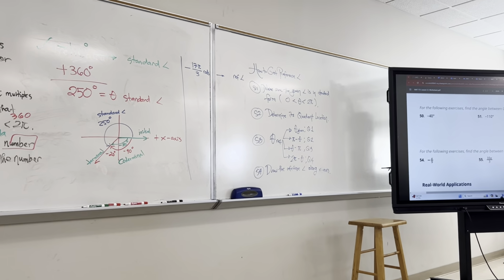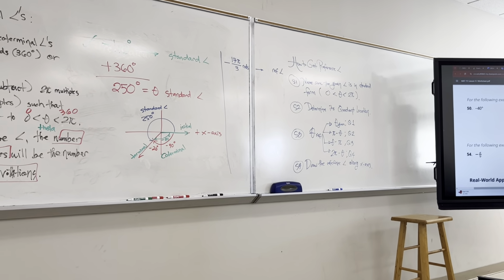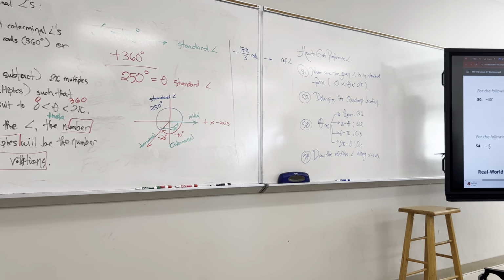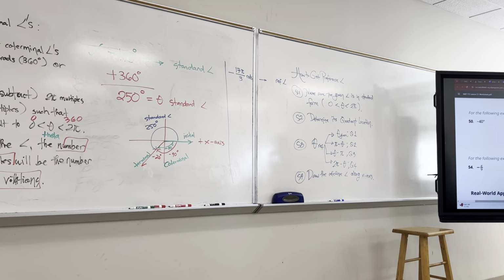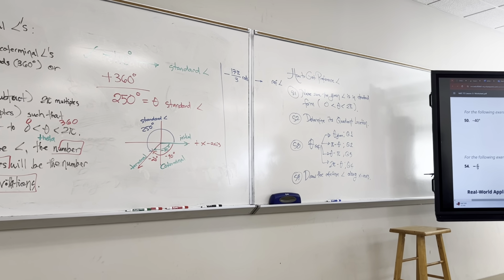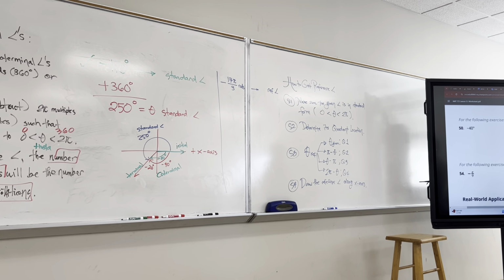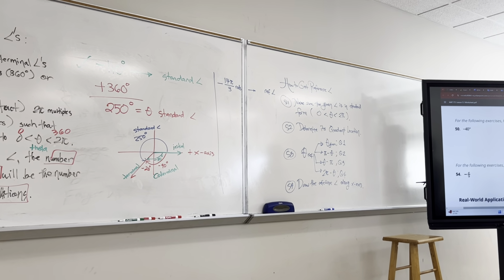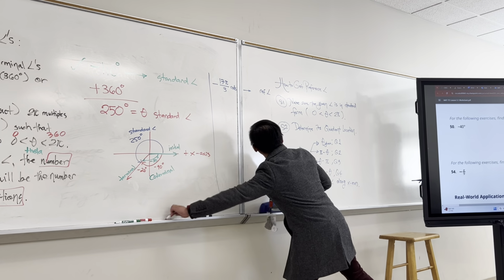Okay, so we are given negative 17 pi over 3 radians. Okay, what will be the reference angle for such? Okay, so that's our example. You've got negative 17 pi over 3 radians. What will be the reference angle for such? We good? Right. So let's read our step number 1 and see how we can work on it.